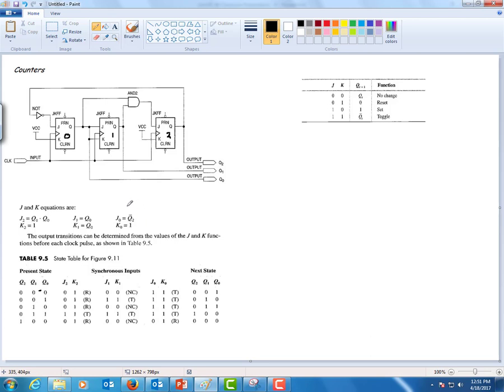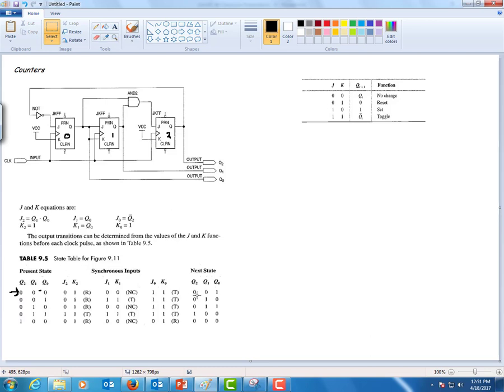So now, once we have these equations, the next step is to start filling out our table. I'm going to put a little arrow here. This is where we're starting from. When we're starting right here, we need to know after a clock pulse what the next state is going to be.